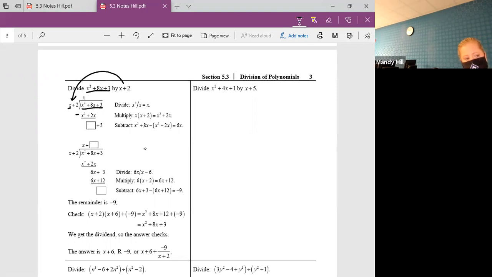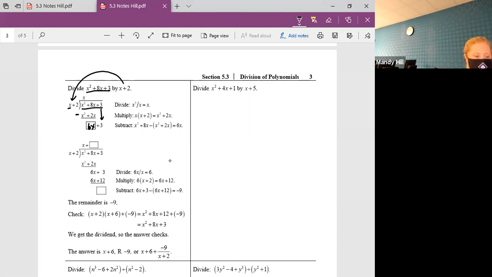So x squared minus x squared gets you nothing. That cancels out. And then you do 8x minus 2x. So 8x take away 2x is going to get you 6x. And where did they come up with this 3? They brought it down.